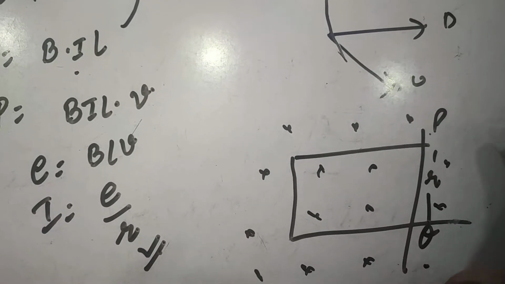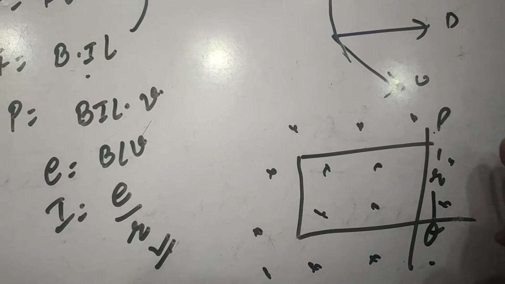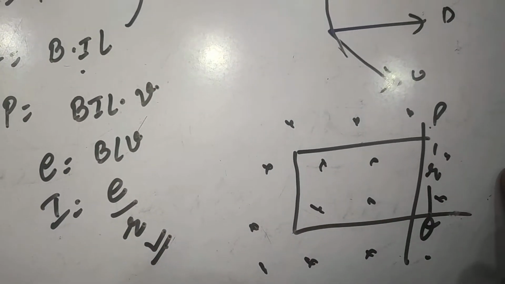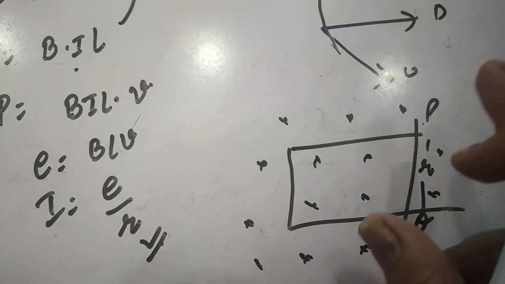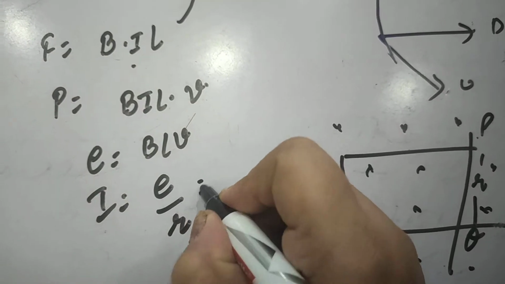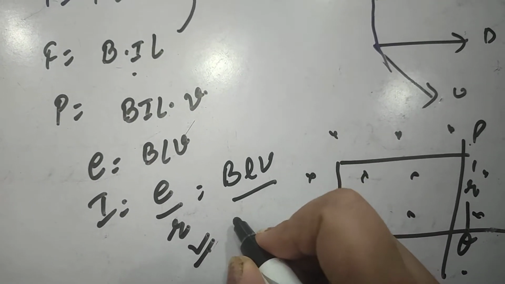So the resistance of all other arms will be ignored and we have only this resistance. Whatever current is induced due to the motion of this conductor, I is equal to E by R, so I is B L V by R.